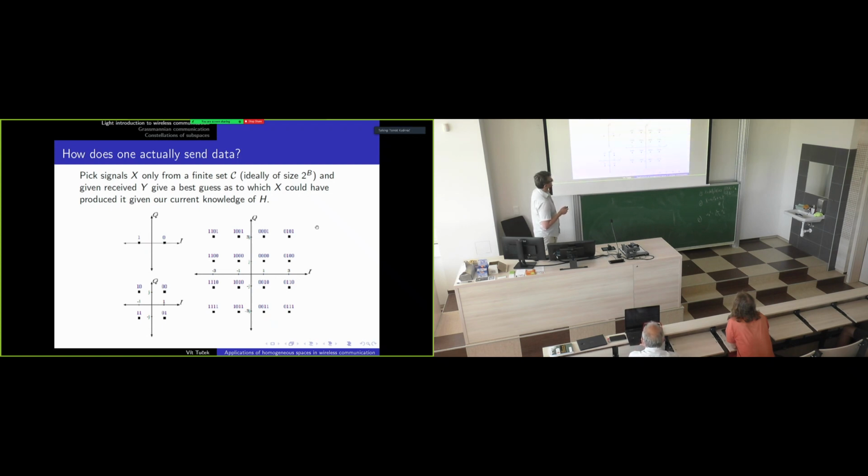So this is our constellation, and when we receive some vector, we end up not exactly at what we were sent, but somewhere close, hopefully. How close is determined by the noise, and so then there are some techniques for how to actually calculate which point has the maximum likelihood of having been sent.